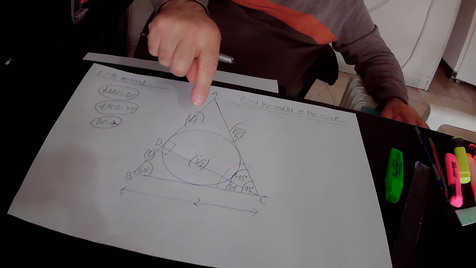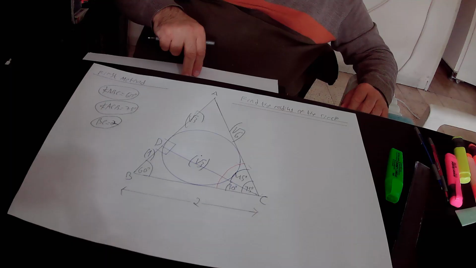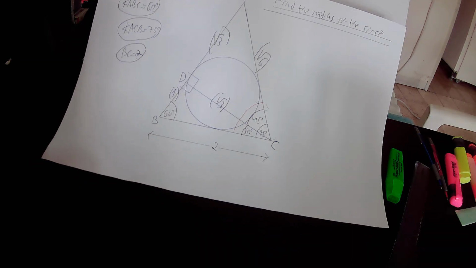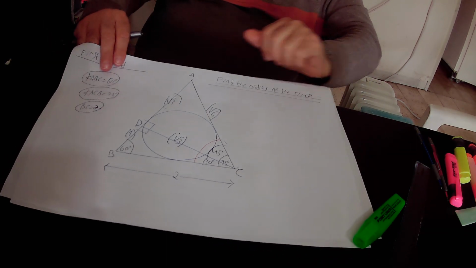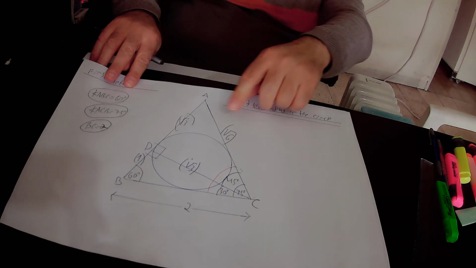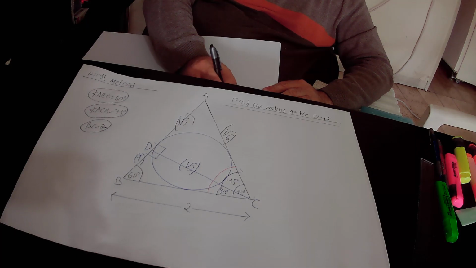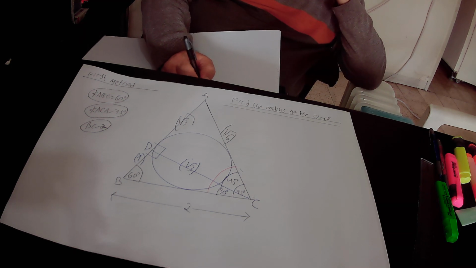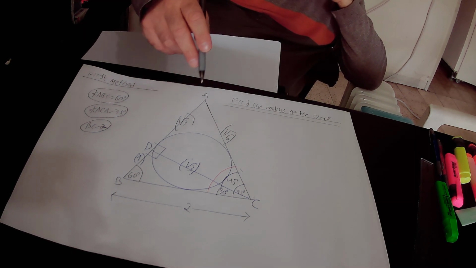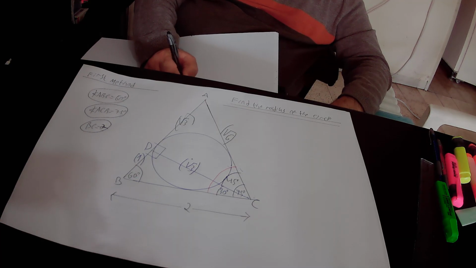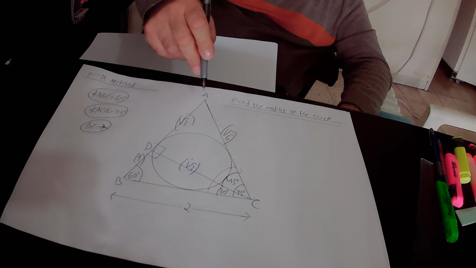We define the radius of this circle as R, so the radius R, according to rule number 15, of this circle will be equal to the area of triangle ABC that encloses the circle over the semi-perimeter of the same triangle, triangle ABC.